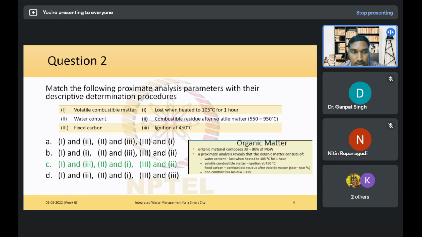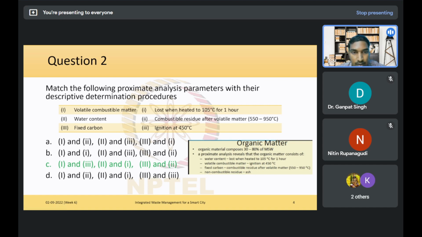For that we need to heat it to an even higher temperature, 550 to 950 degrees centigrade. At that temperature it will combust, and whatever residue is left is the fixed carbon, and the non-combustible residue, whatever is finally there, is the ash, and we can find that out at the end. So that is the proximate analysis that we will do.